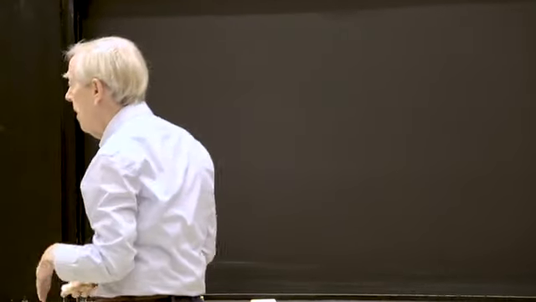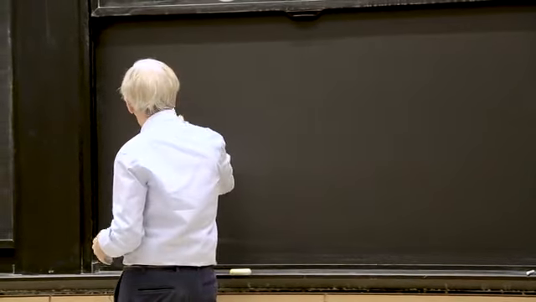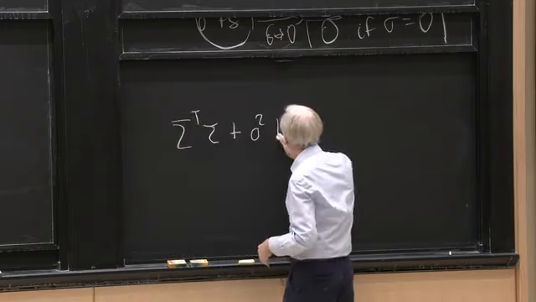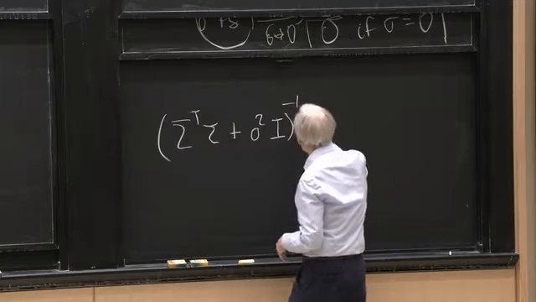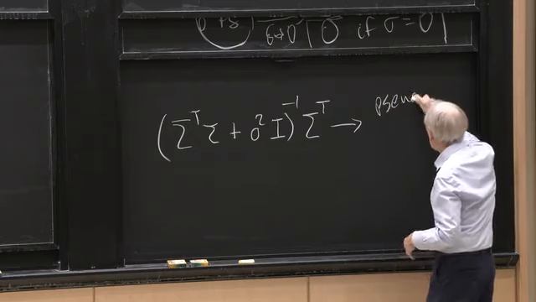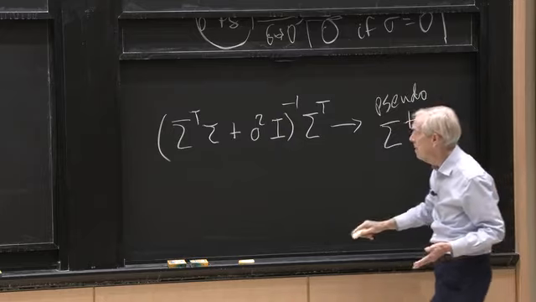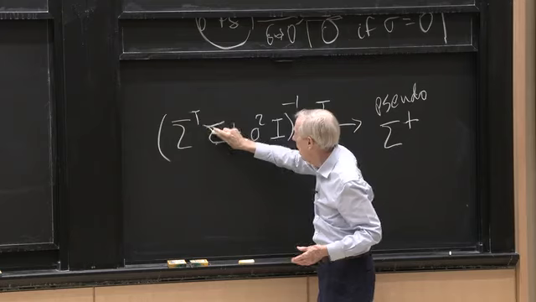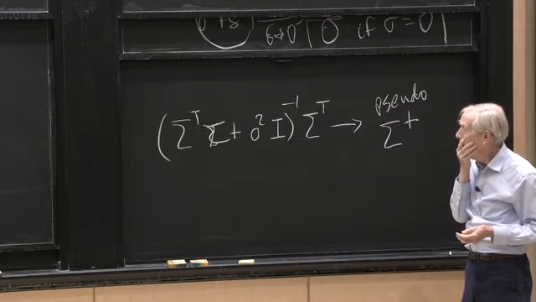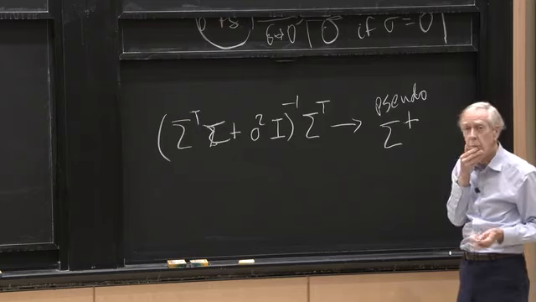A special case of that, but really the genuine case, would be when A is sigma. Sigma transpose sigma plus delta squared I, inverse, times sigma transpose approaches the pseudo-inverse sigma plus. And the point is the matrix sigma here is diagonal. I'm practically there. Why am I close to being able to read this off?